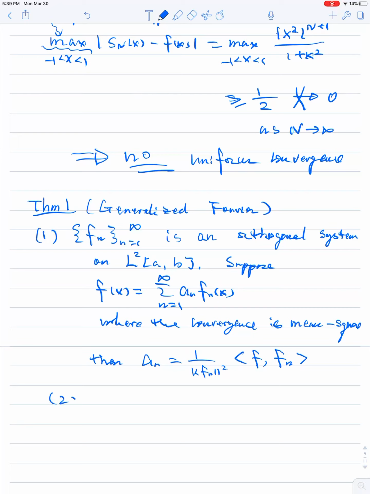Furthermore, the sum of a_n squared times the norm of f_n squared, looking at this as an infinite series, I should not have a square here.